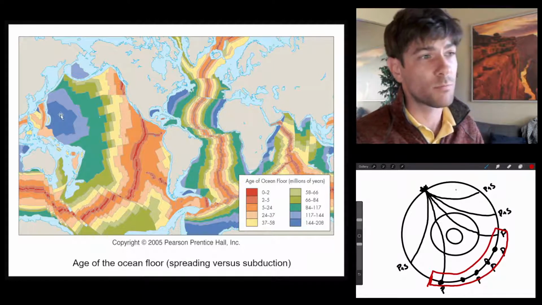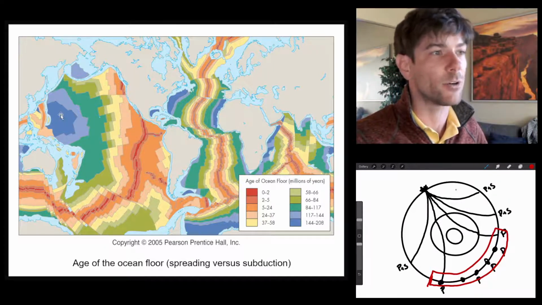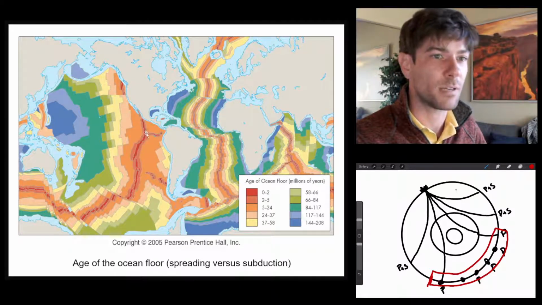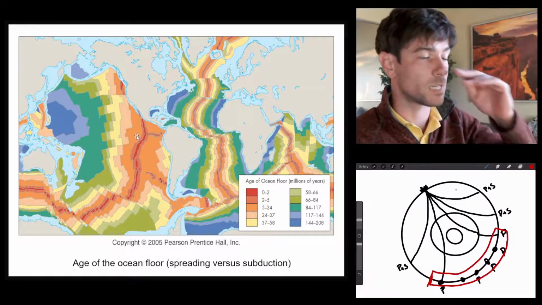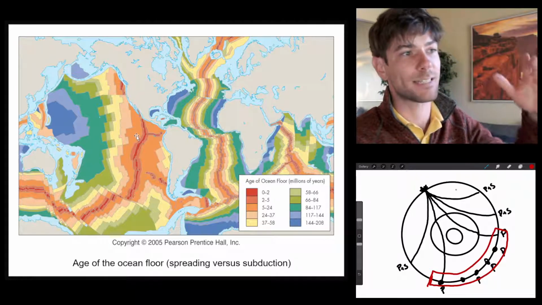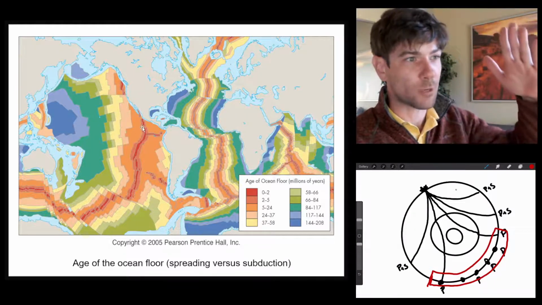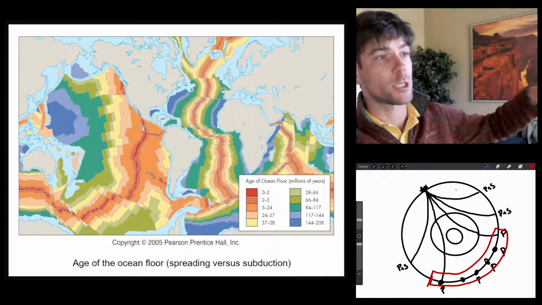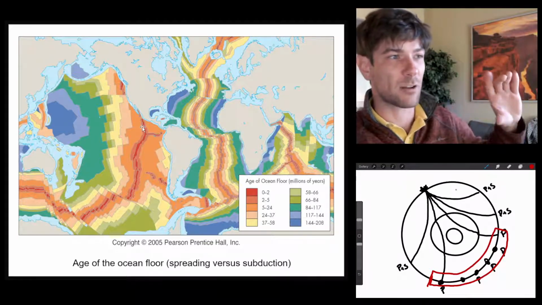And what happens to basically any material when you cool it? It gets denser, all right? And so you see this topography where the mid-ocean ridges, these very young rocks, sit up really high. It's because they're really low density because they're really hot. As they get older, they're pushed away from the mid-ocean ridge and they cool, and as they cool, they become denser and they sit down lower.